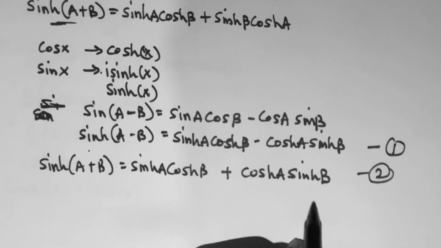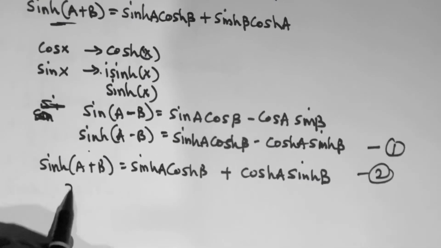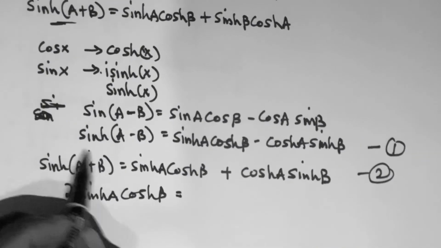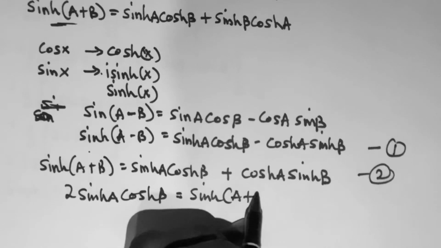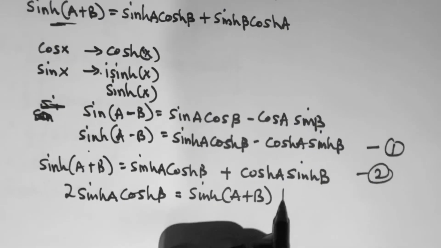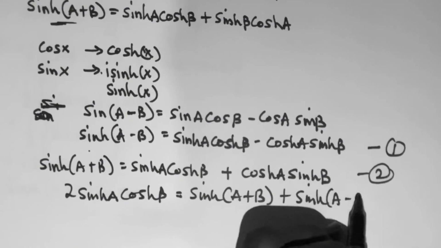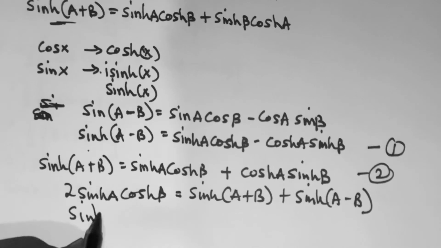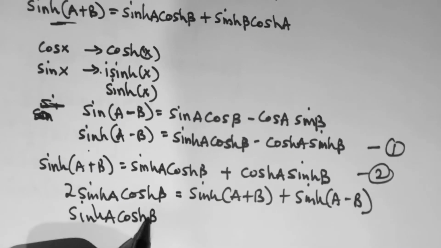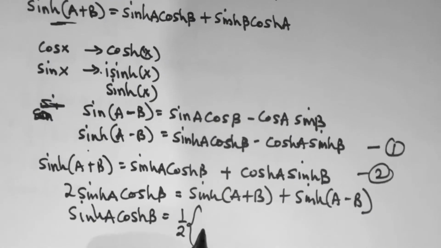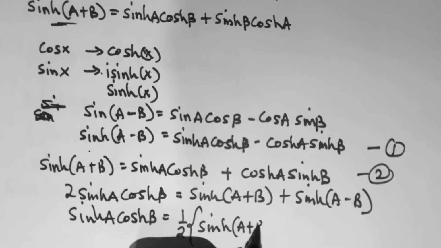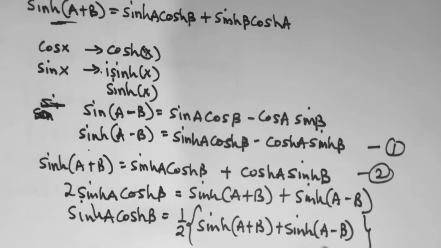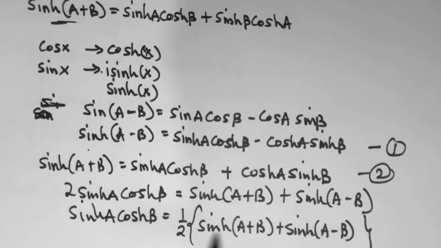If we add equation 1 and 2, you see that this part will go to 0, and this becomes 2 sin A cos B equals sin into bracket A plus B, then plus sin into bracket A minus B. So now if we divide through by 2, then sin A cos B equals half of into bracket sin into bracket A plus B, then plus sin into bracket A minus B. This is a very, very important equation when we come to techniques of integration.